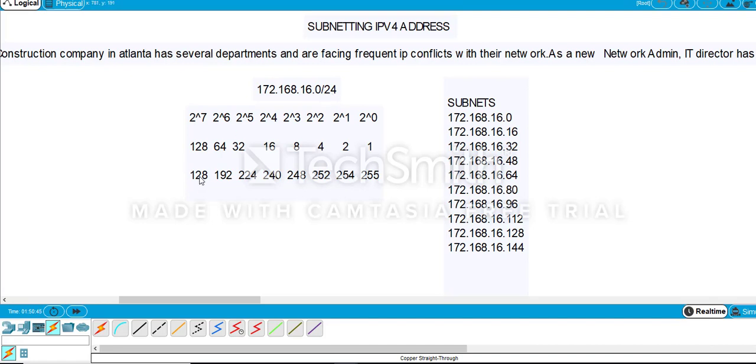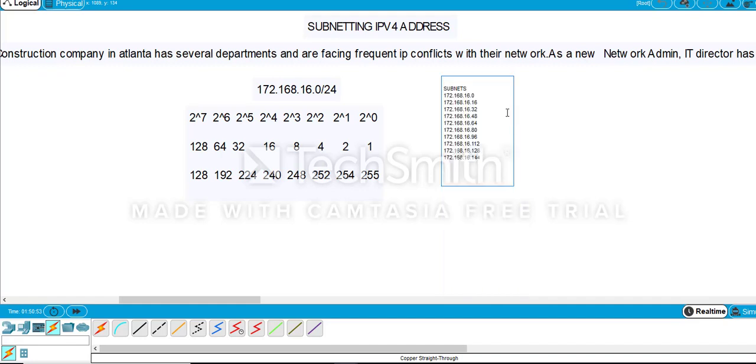So this is going to be 25, 26, 27, 28. So your subnet mask is going to be /28. So let's go ahead and put /28 next to our subnetting. All of them are going to be /28.